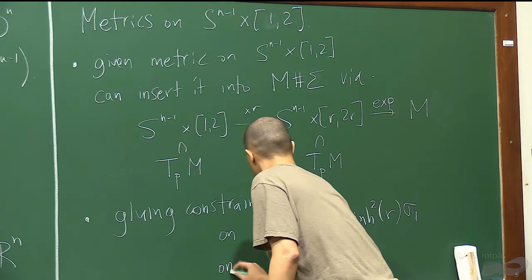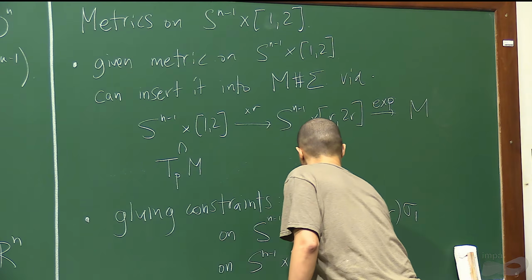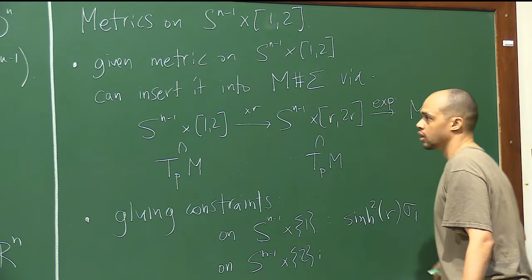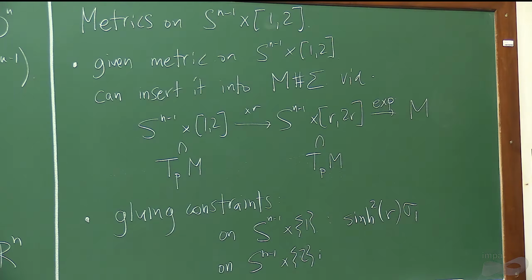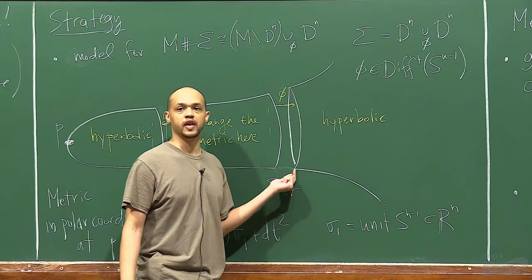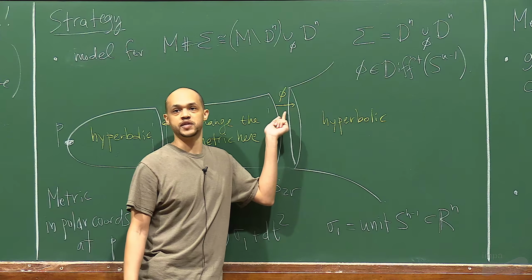And on the right endpoint, we should see the pullback of the hyperbolic metric by this somewhat mysterious map phi.